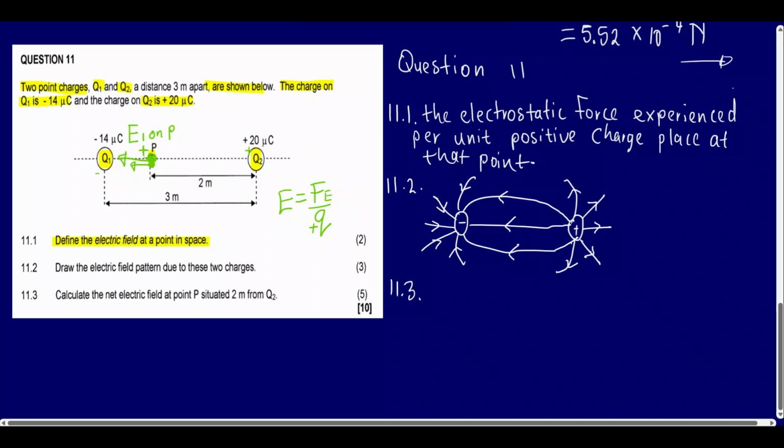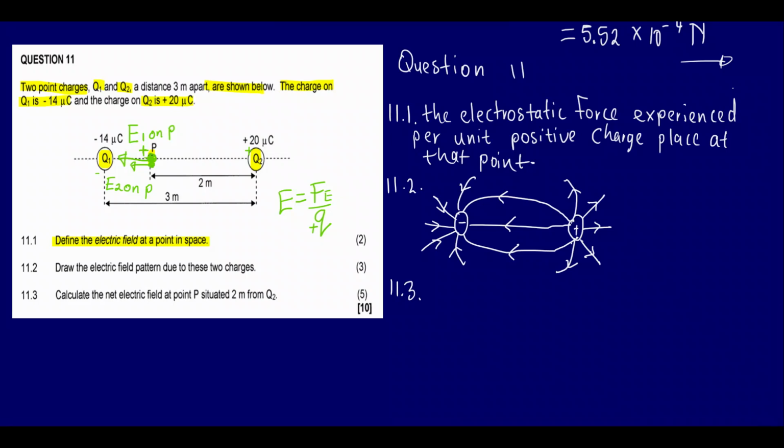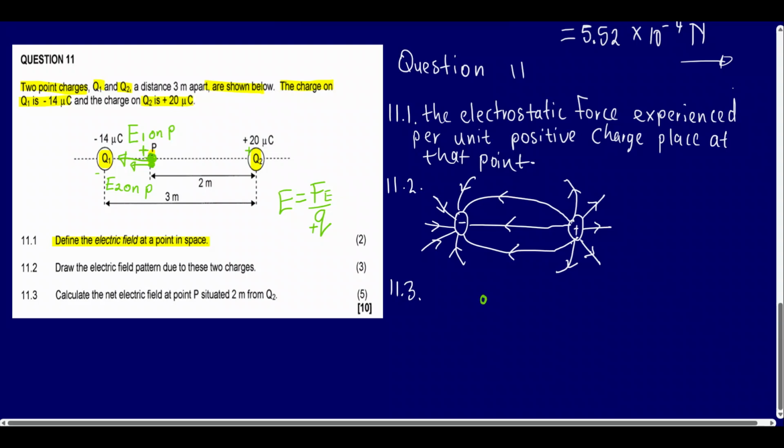It will want to run away from the positive. So this one was trying to attract to Q1, and on the other hand, it's trying to repel. So you may wonder, why am I drawing this E2 on P vector smaller than the E1 on P?